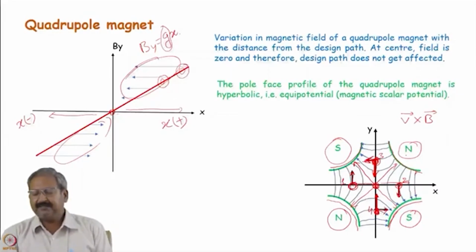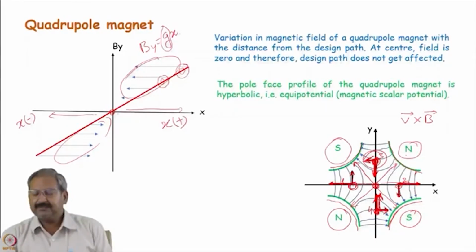Similarly, here, because the magnetic field has the reverse direction than at this place, the force will also have the reverse sign in direction, so the force will be in this direction. So the force on a positively charged particle which is coming outside will be in this direction on the vertical axis. So the force is towards the design axis.